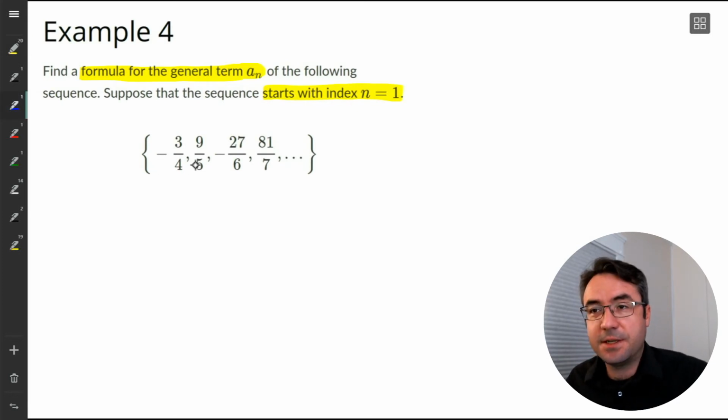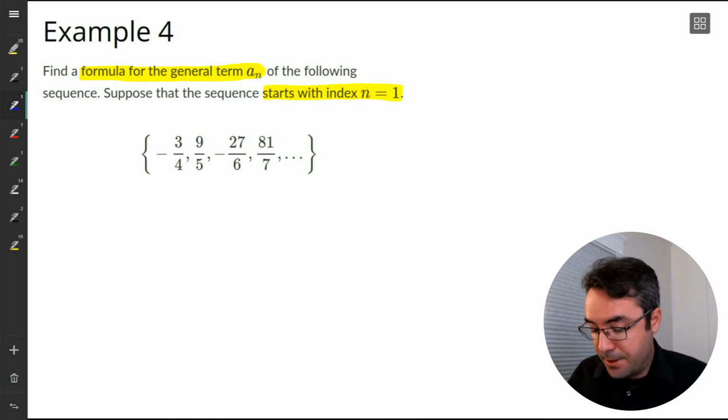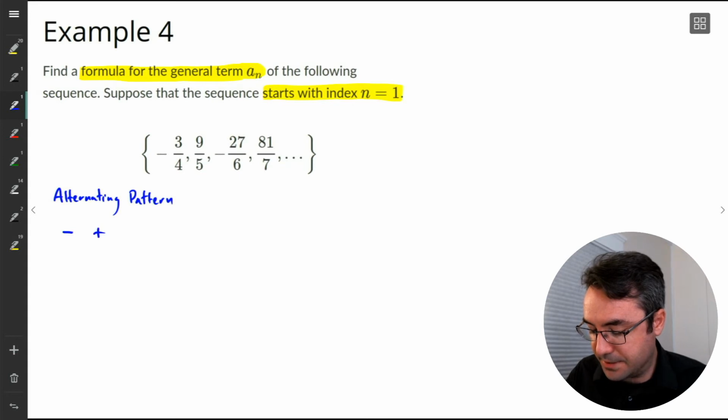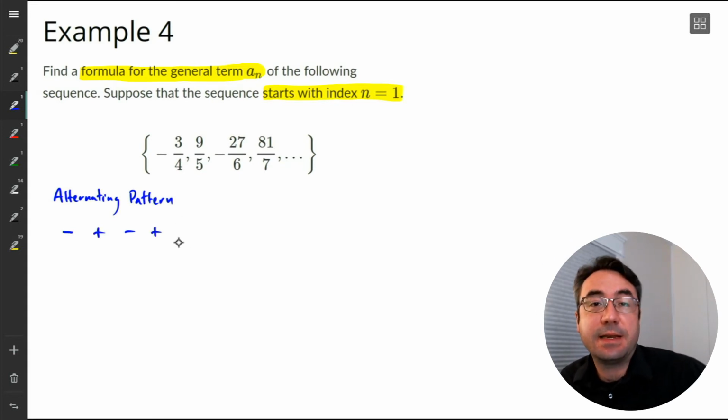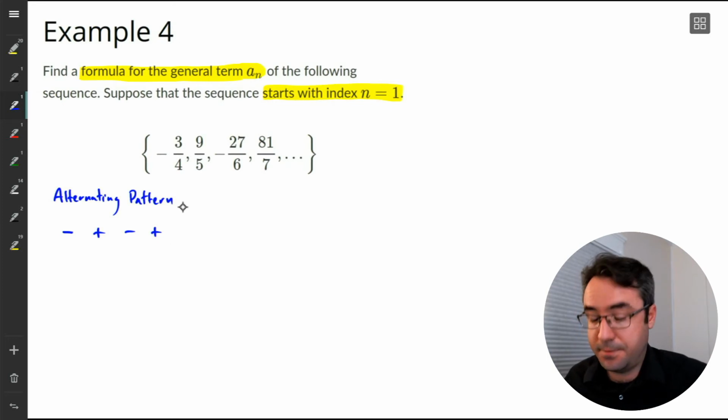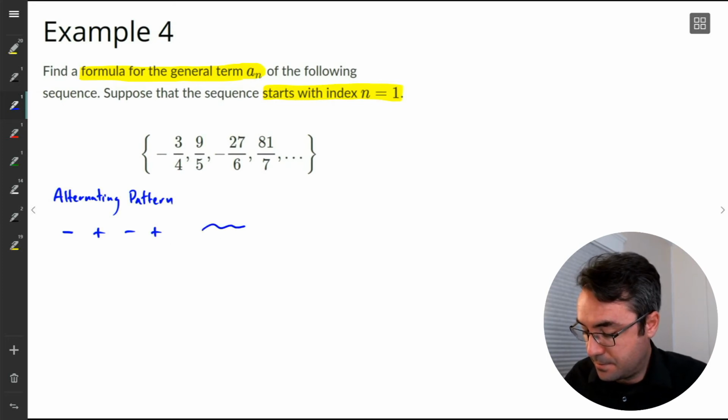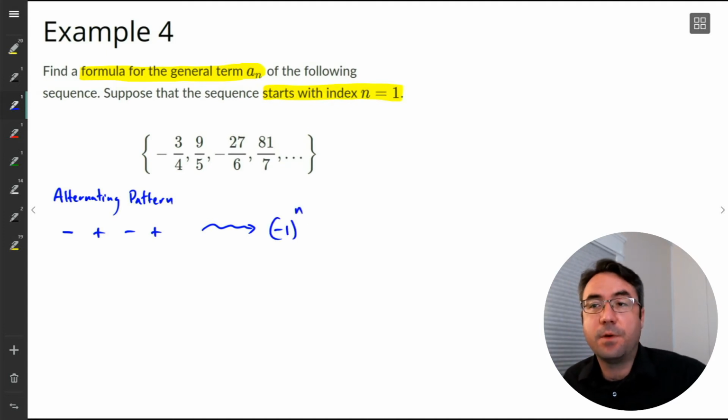We've seen this in one of our earlier examples. When we have this alternating pattern, negative, positive, negative, positive, we've seen something that gives us that alternating pattern: -1 raised to the power n.